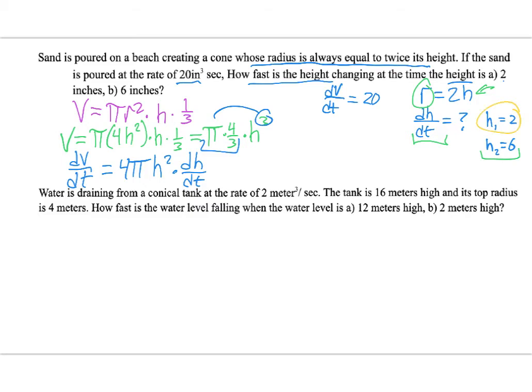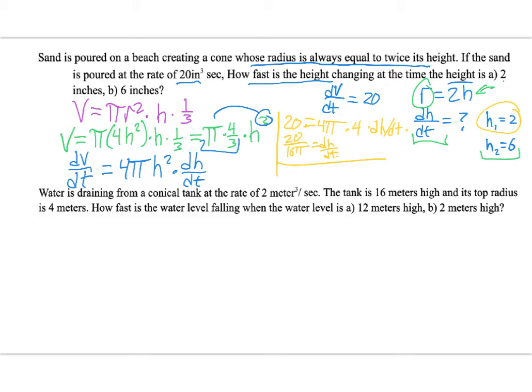So for h1, which is 2, we end up getting dV/dt, which is 20, equals 4 pi times 2 squared times dh/dt. Getting dh/dt by itself, we get 20 over 16 pi is going to be dh/dt.